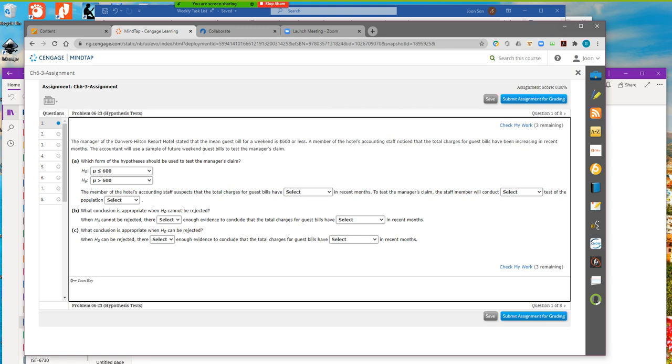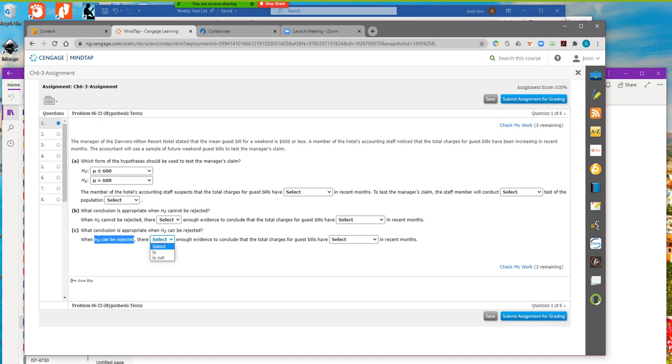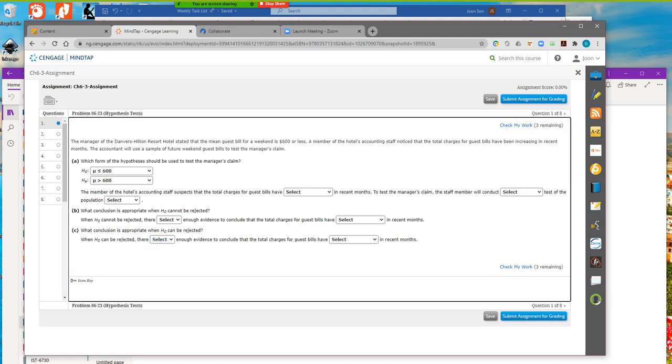Basically, you fail to reject the null hypothesis when there is not enough evidence. And of course, you can reject the null hypothesis when there is enough evidence to conclude that.